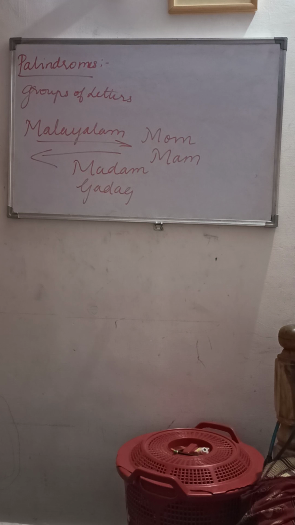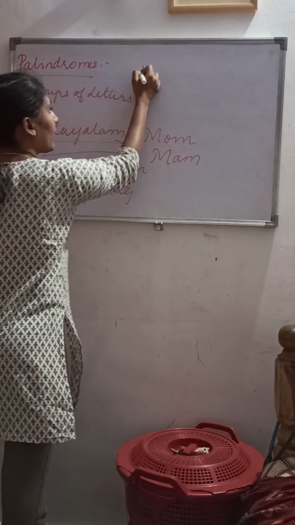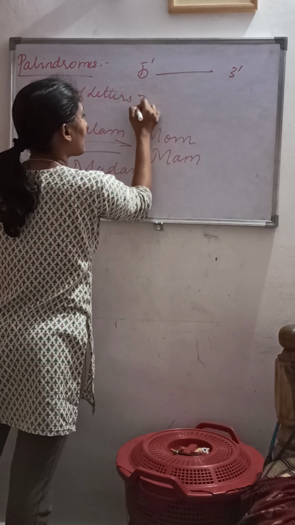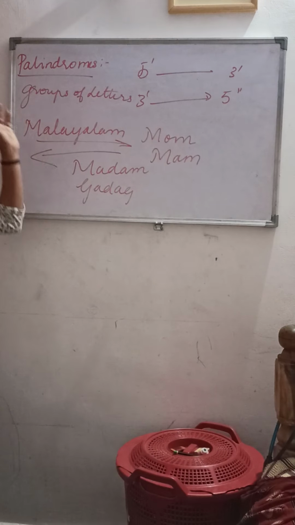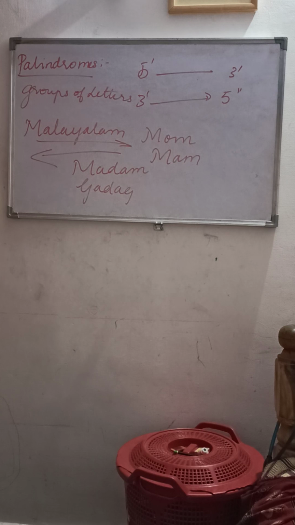They read the same on the two strands, that is 5' to 3' and 3' to 5'. I think you will understand this when we come to the example.